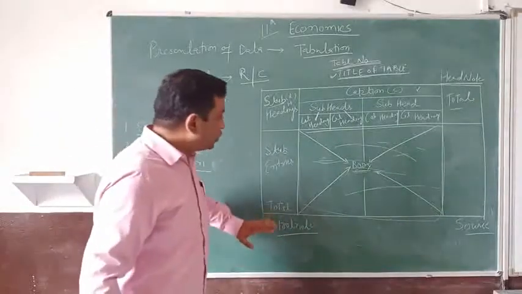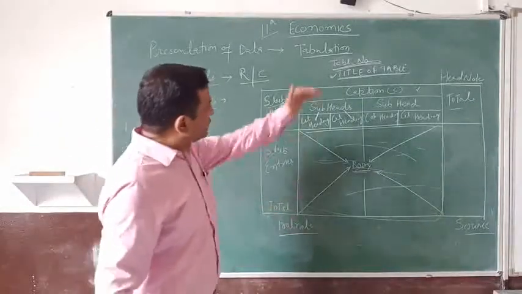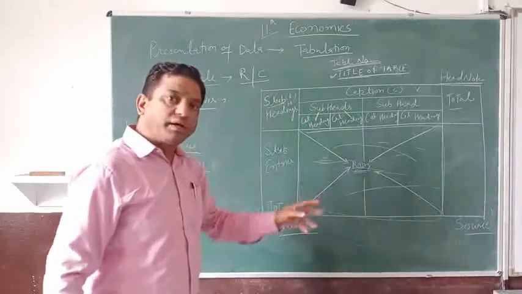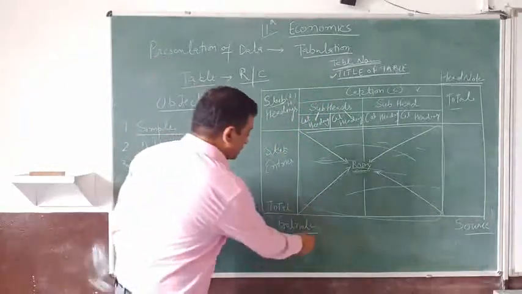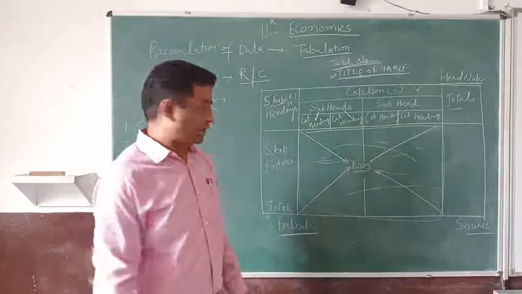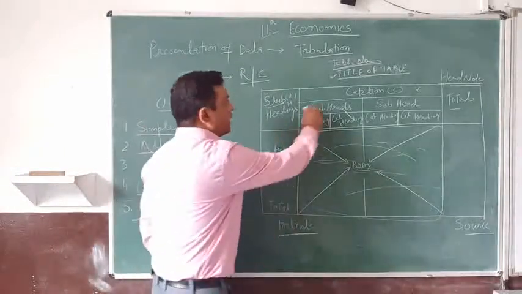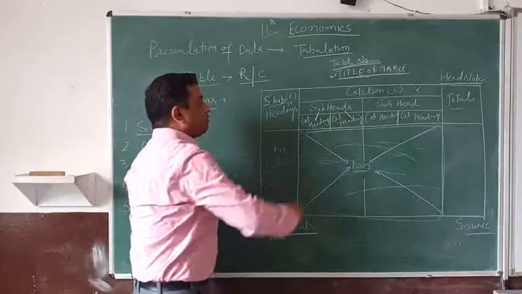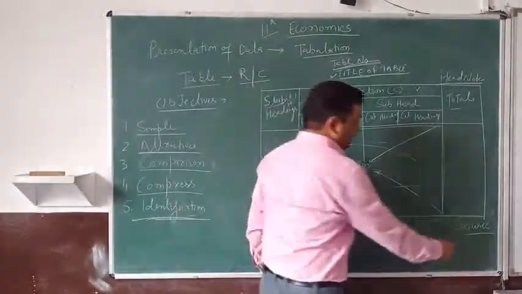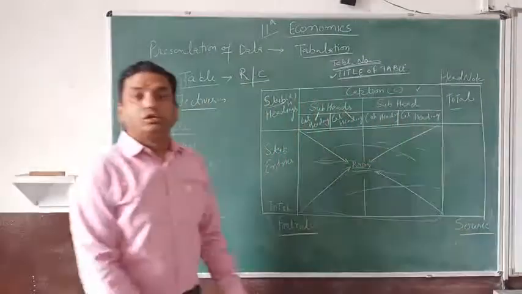If the information given in the table needs to be clarified more, then some footnotes are given, in order to clarify any information given in the body part. And the last part of the table will be the source.